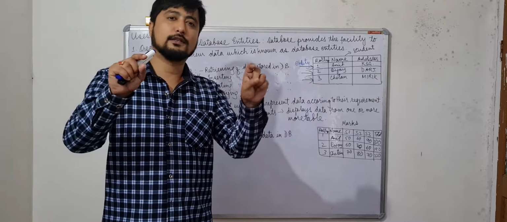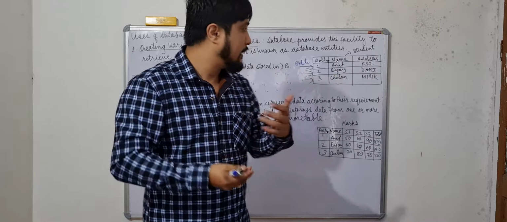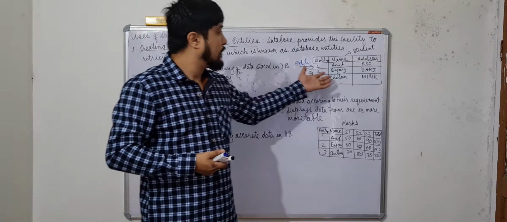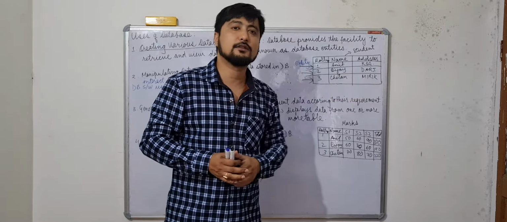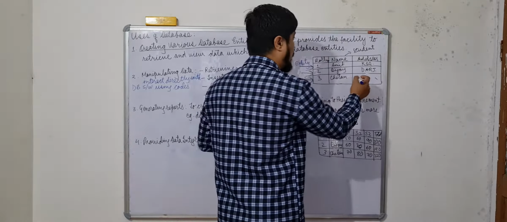Now next is modifying data stored in the database. Modifying means to change, to make a change. If there is some mistake in an entity or in a record, for example, roll number 3 whose name is Amit, but the address is not Mirik, it should be Kalimpong.